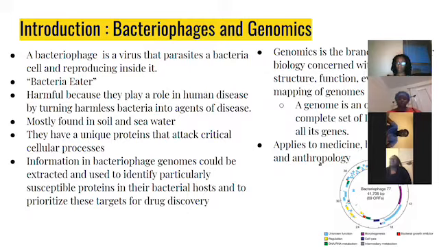Genomics is the branch of molecular biology that is concerned with the structure, function, evolution, and mapping of genomes. Below is an image that shows what a genome of a bacteriophage looks like. It shows the cell functions and where they occur, such as cell lysis, DNA and RNA metabolism, and even the unknown functions.